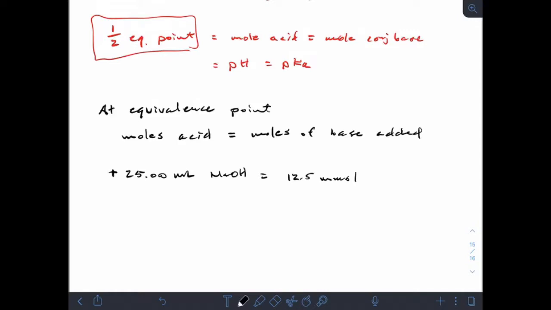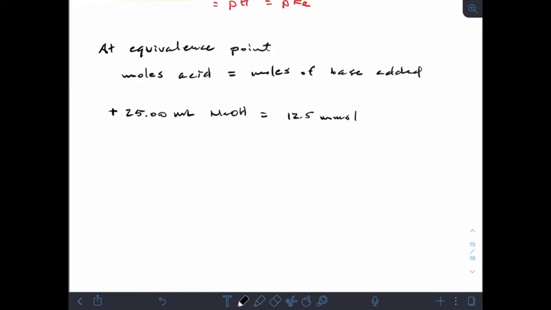Okay, so let's take a look at what happens there. So we actually will have one extra step when we get to the equivalence point. So we've got our acid, we've got our base, conjugate acid, and some water.